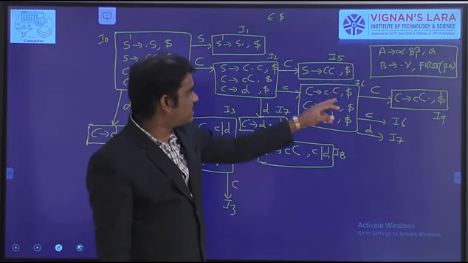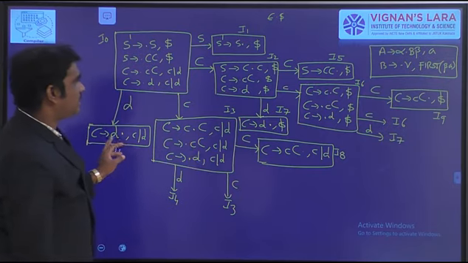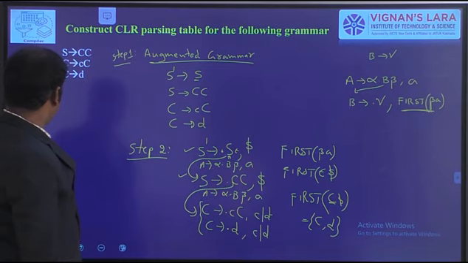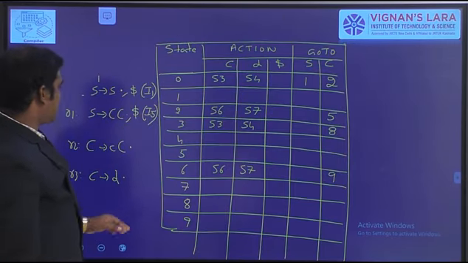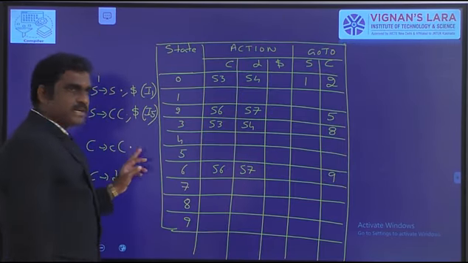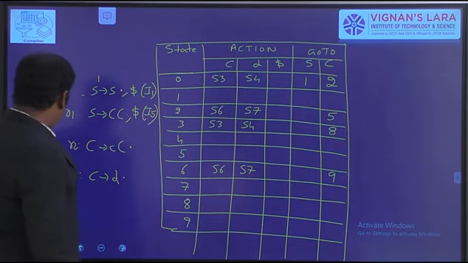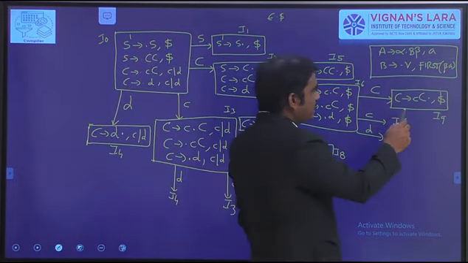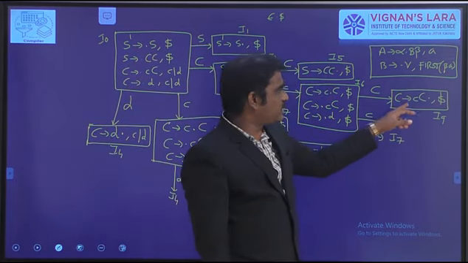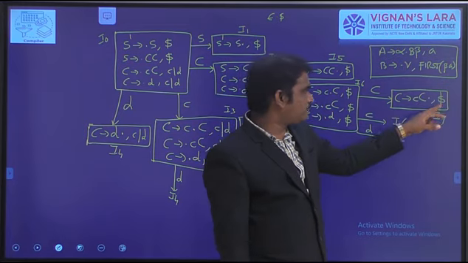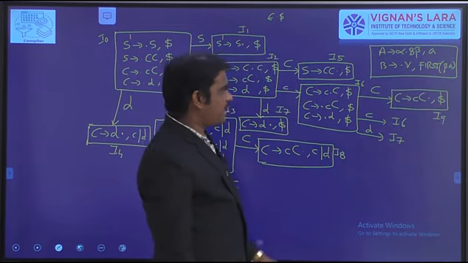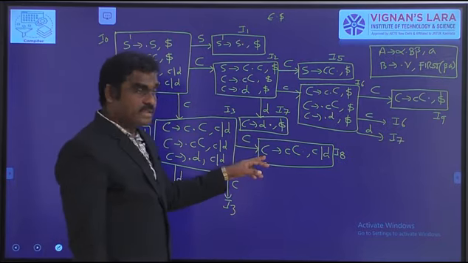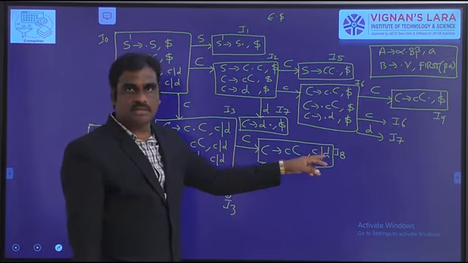So it is I5 with dollar. Next one, C to cC dot. If you observe, here is one production, C to cC dot, with lookahead dollar, ending with I9. That is one option. The second option is C to cC dot with lookahead c or d, ending with I8.